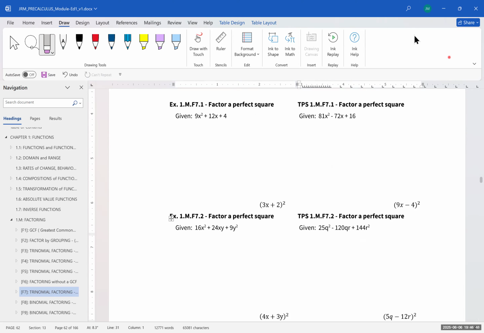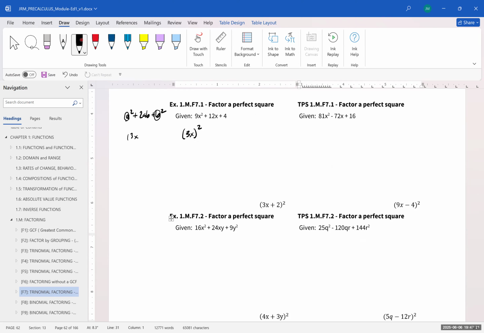So let's look at this first example. In order to fit this form, notice that we need some quantity squared in the first term, and we need some quantity squared at the last term. So 9x squared, we're going to have to rewrite that as 3x squared, right?